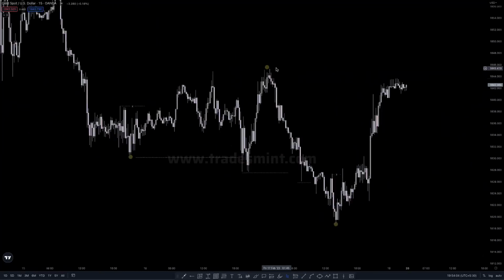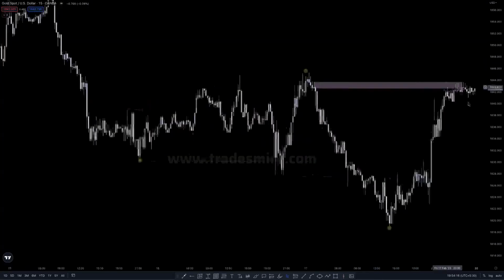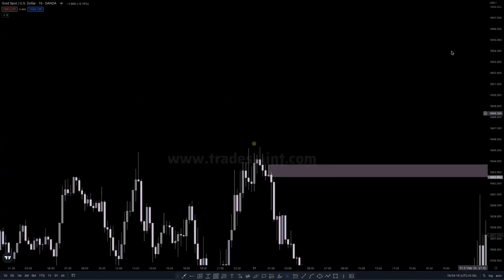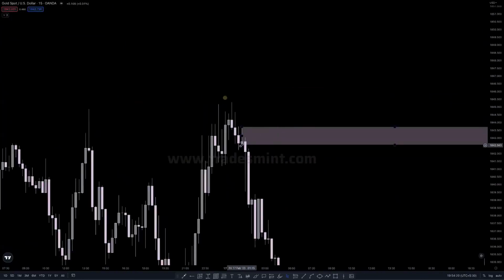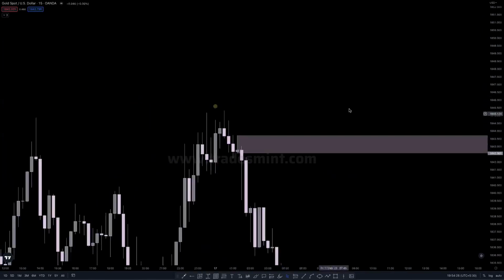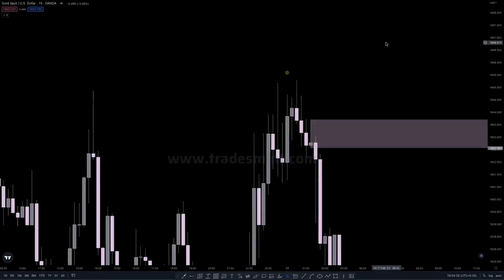Okay, so right now price is trading on an extreme order block. Which one is here? Let's define this one. This is not much valid, it doesn't look like any pullback or liquidity sweep, right?